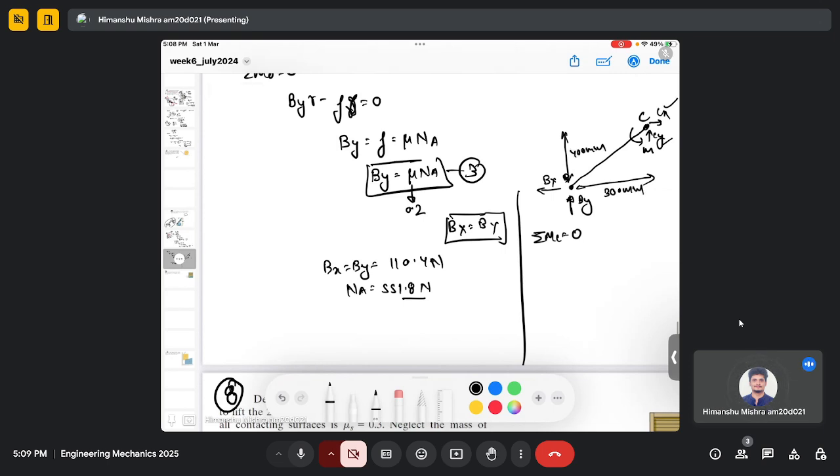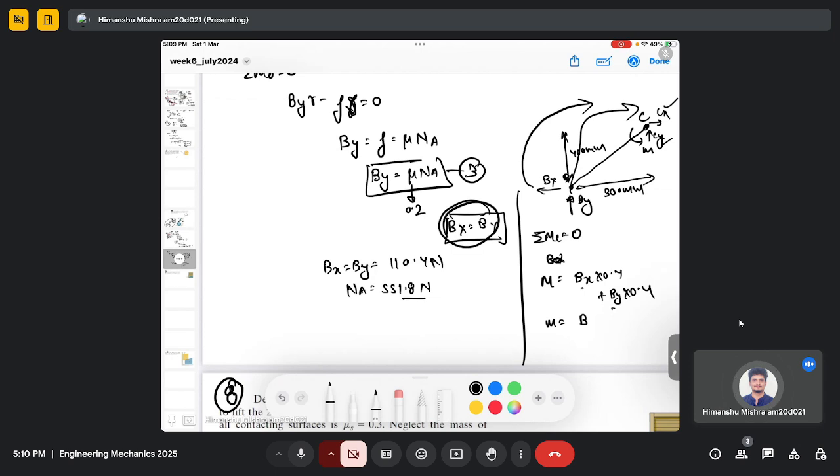So Bx is trying to rotate in the clockwise sense, By will also try to rotate clockwise, and M is anti-clockwise. So M equals Bx times 0.4 plus By times 0.3, sorry, this is 0.3. Since Bx and By are equal because of the relation we have, M equals B multiplied by 0.7.